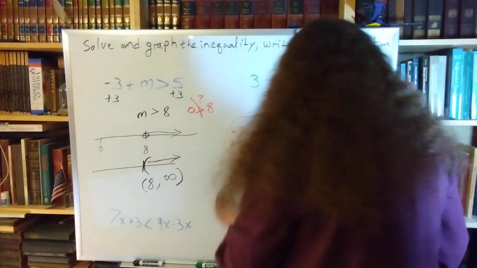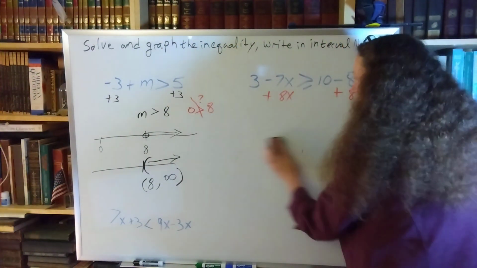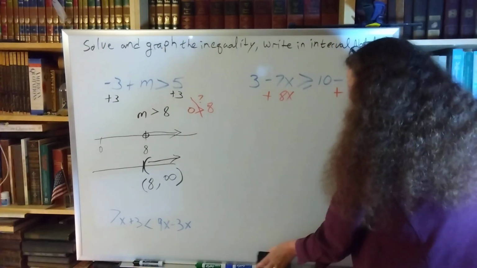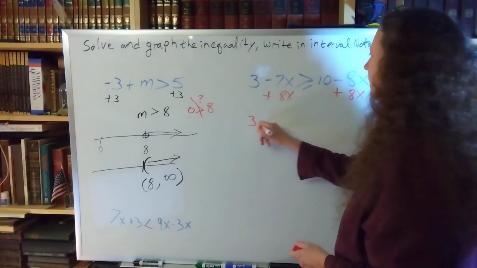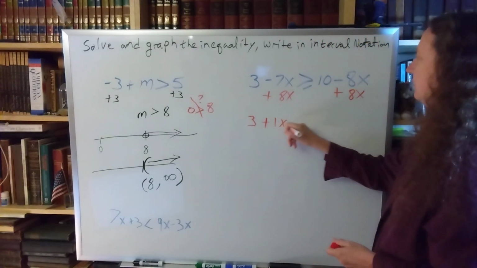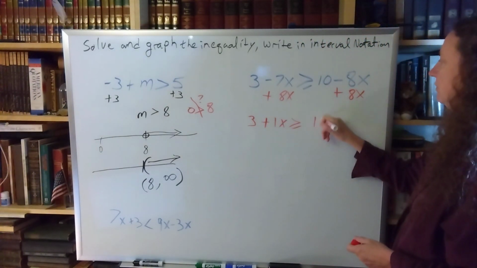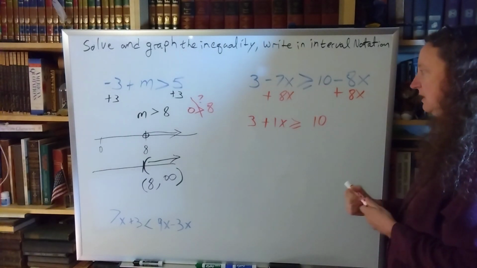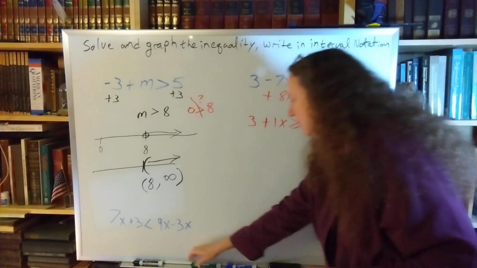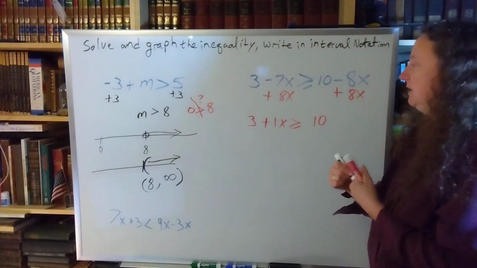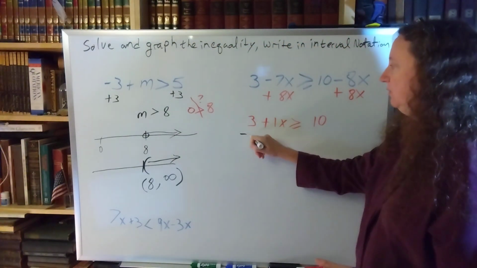I need to make room. So now I have 3 plus 1x is greater than or equal to 10. My x is not alone yet, so I have to take another step here. I have to get rid of the 3, and you're allowed to do this all in one step.